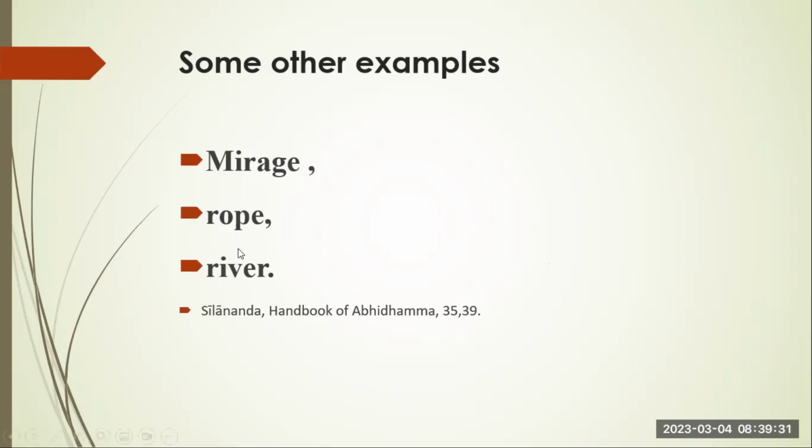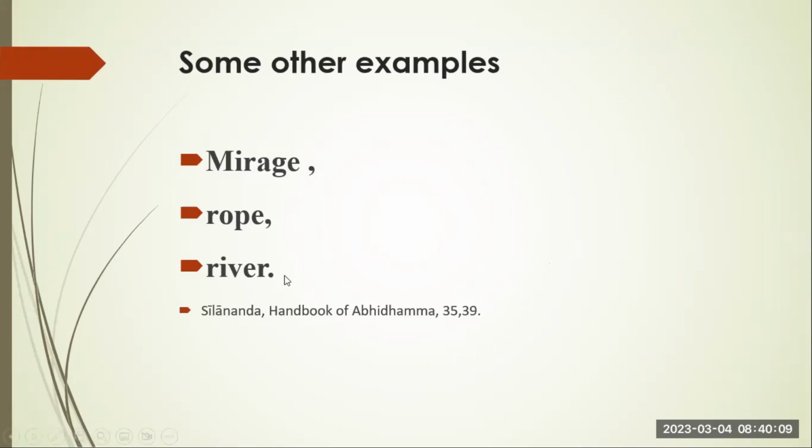But think about the hardness of the rope, the cohesion of the rope, the heat of the rope. They still exist as long as you divide them into parts. You can find the hardness in the rope, also in the fibers, also in the powder.